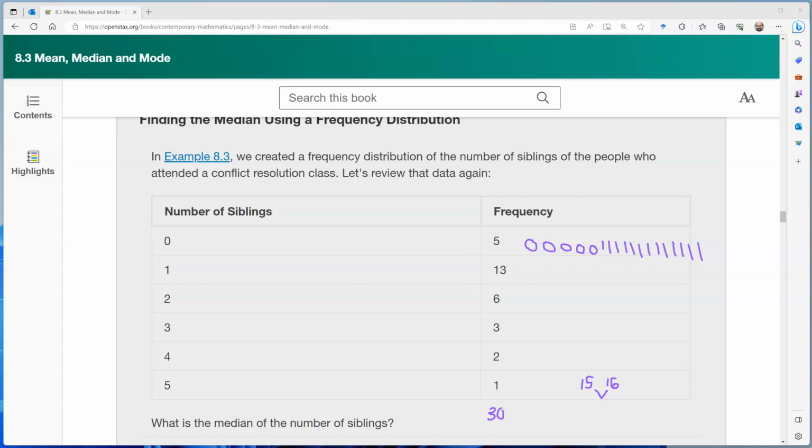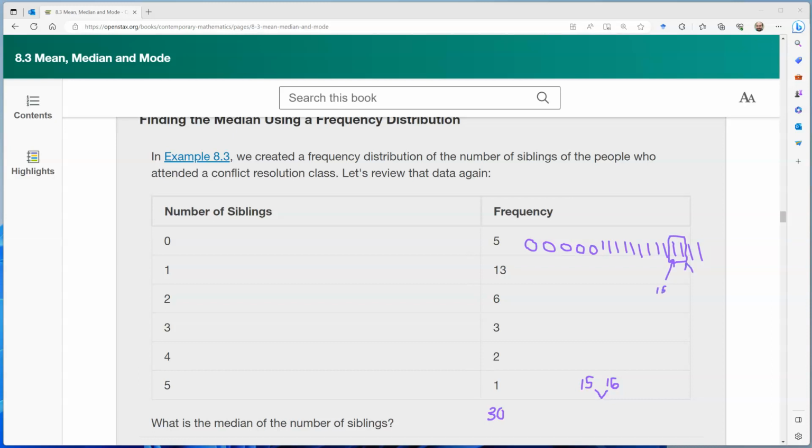So 18 elements. We're looking for 15 to 16. So if this is 18, 17, 16, 15, these two ones make up the 15th and 16th element.